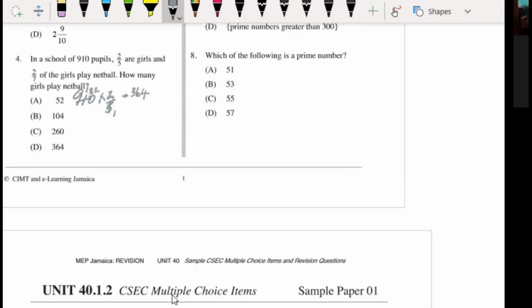Now out of that number of girls, 2/7 play netball. So the problem now just works on to us finding 2/7 of the number of girls, which is 364 times 2/7. 7 into 7 is 1, 7 into 35 is 5, and 1 times 2 is 2, 40.